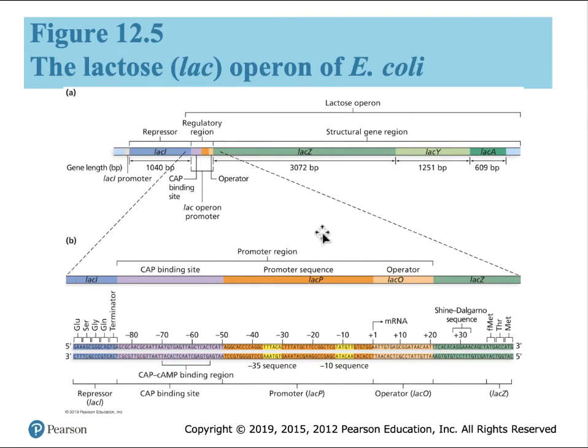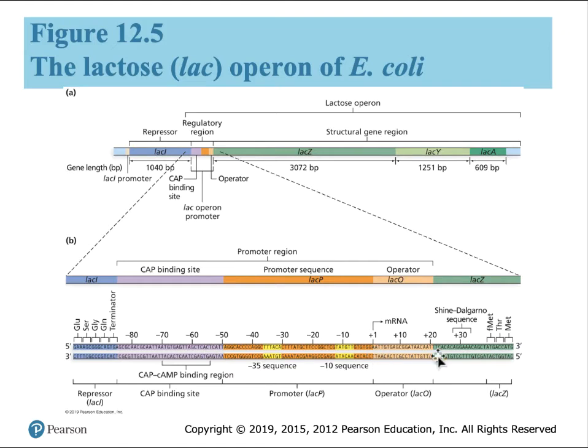An annotated view of the regulatory region is depicted in panel B, along with the locations of various DNA sequences. So there's your -10 sequence, there's your -35 sequence, then upstream of that we have the cap binding site.